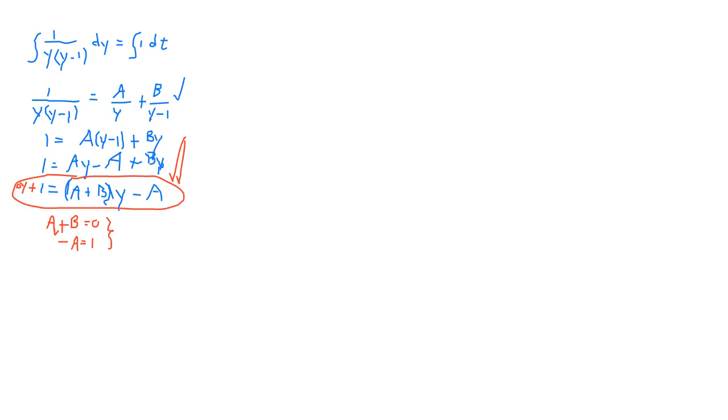On the left side also, we have a constant, 1. Well, that would have to equal the constant on the right side, which would be negative a. So a plus b has to equal 0, negative a equals 1. But this means then that a must equal negative 1, and then b has to equal positive 1. And so now you've determined the values of a and b. Thank you. You're welcome.